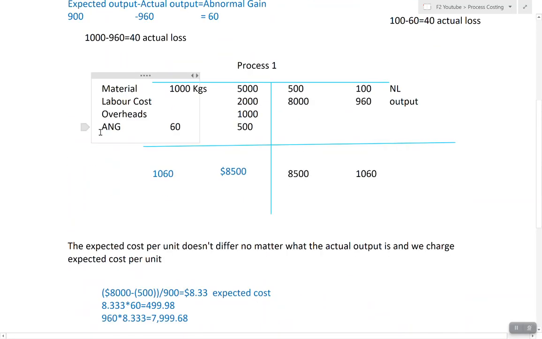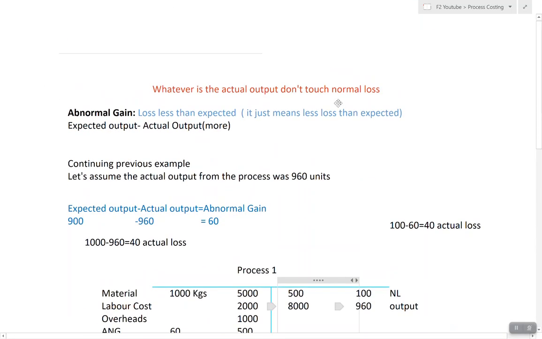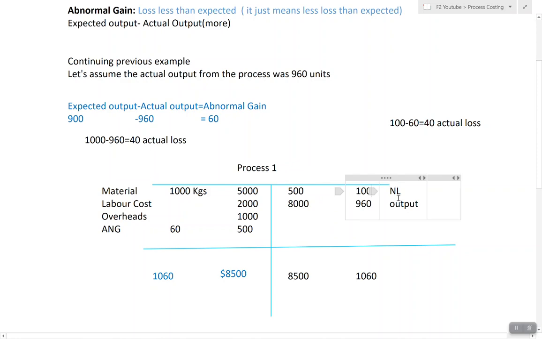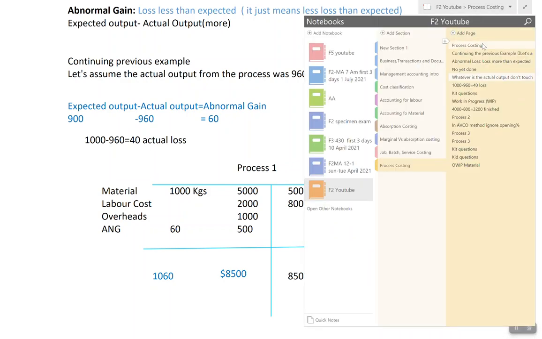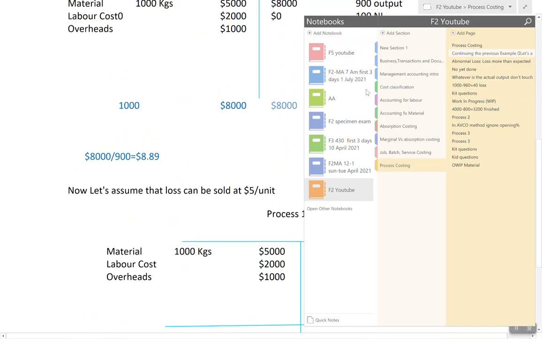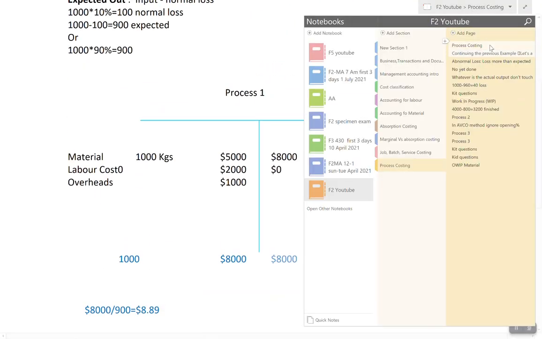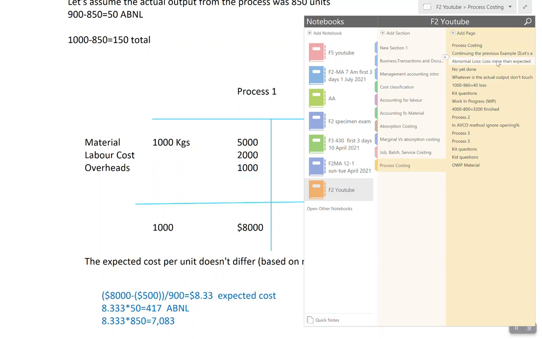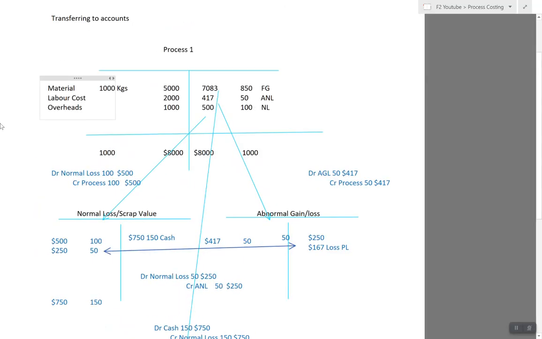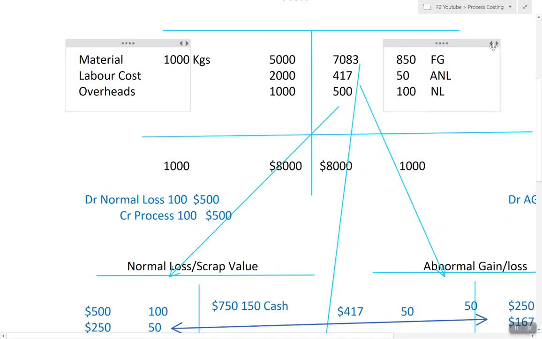Okay, so this is one account, that is process account. These figures go to individual accounts, which I will explain for each of the questions. So the first account that we made was this one. Let's see how they go to different places. So we had finished goods on one side, abnormal loss, and normal loss. These are double entries. You have to understand.